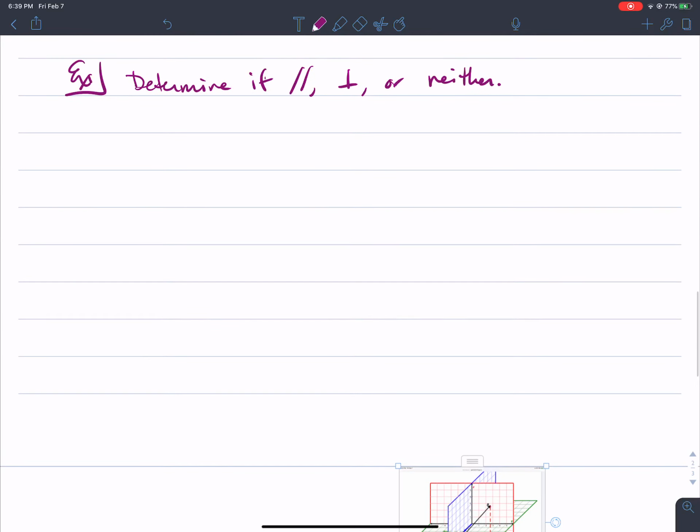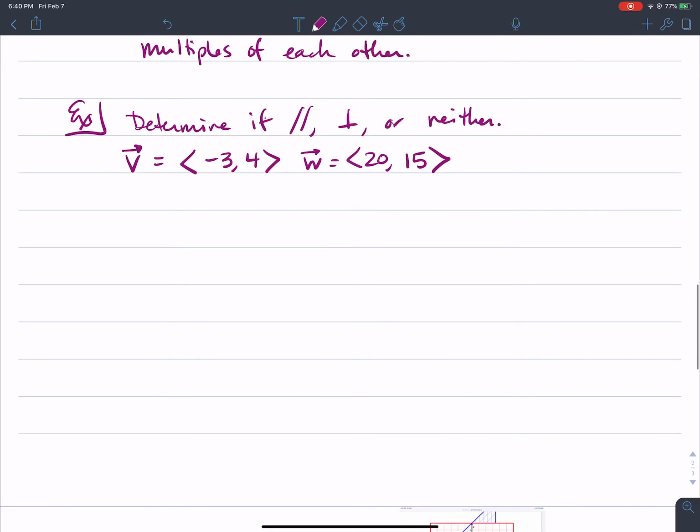Okay, and your vectors are going to be v equals -3, 4, and w equals 20, 15. So the very first thing I would do is check and see if these are multiples of each other. By multiples of each other, I mean, can you multiply -3, 4 by a scalar and get 20 and 15?